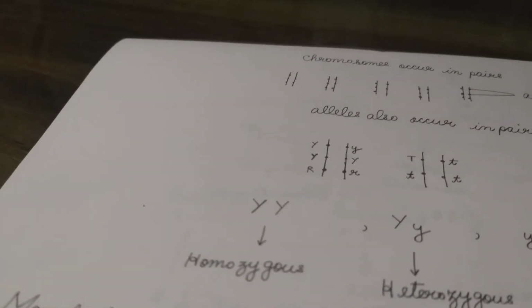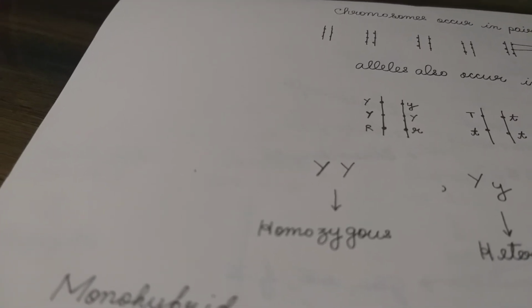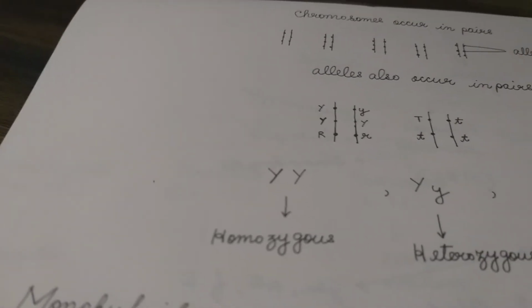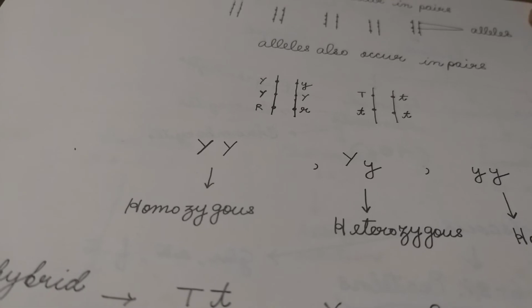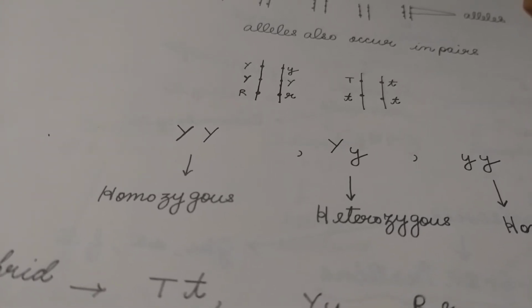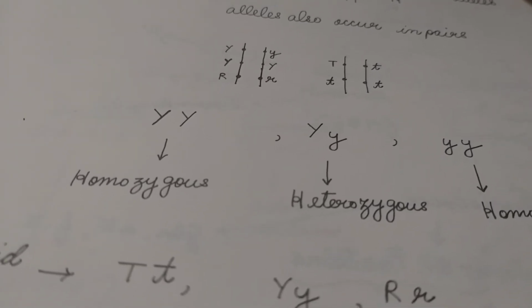Now, capital Y. The alleles. If the alleles are similar, then the individual is called homozygous. If the two alleles controlling the trait are similar, capital Y, capital Y, then this individual is called homozygous. If the two alleles controlling a trait are dissimilar, then the individual is called heterozygous.